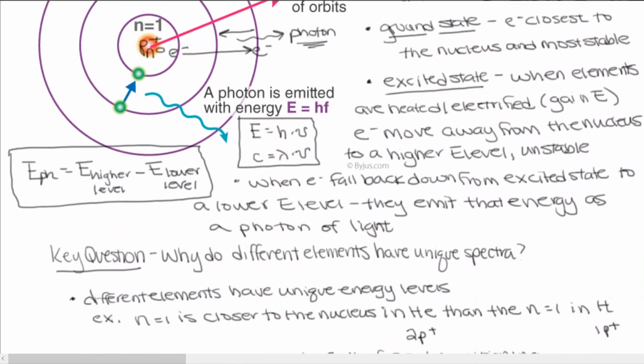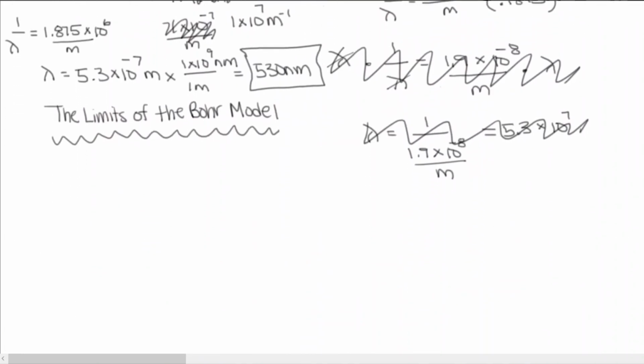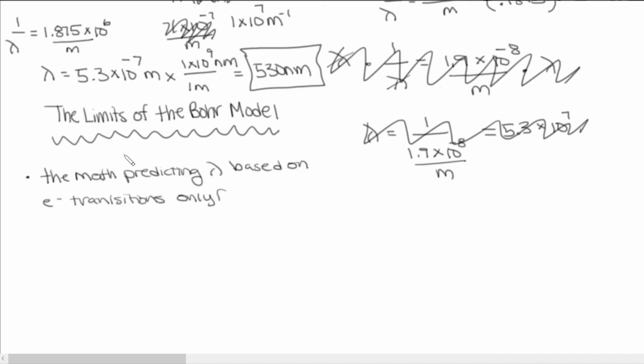And so the Bohr model has some limitations. And that first limitation is that the math predicting wavelengths based on electron transitions only worked for hydrogen.